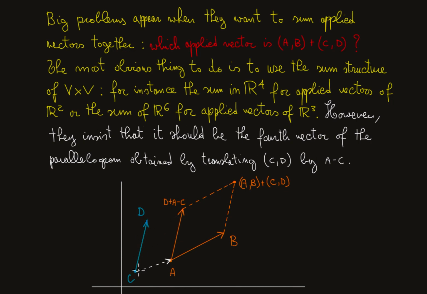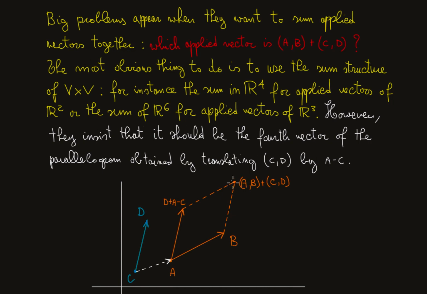We translate CD in such a way that C ends up coinciding with A. So we have to sum both C and D by the vector A minus C. Okay, if I sum C with A minus C, I end up getting A. And if I sum D with A minus C, I end up getting this vector right here, geometrically, which algebraically is written as D plus A minus C. And then the sum of the applied vector AB plus the applied vector CD is defined to be the fourth vertex of a parallelogram generated by the three vertices A, B, and D plus A minus C. So this one right here.